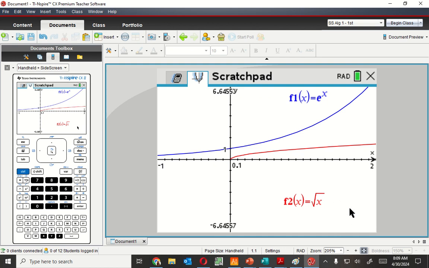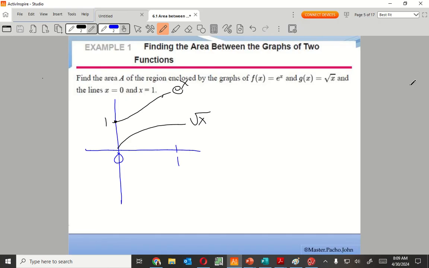Given that graph, I know that my e to the x is on top. I'm taking e to the x minus my lower function, which is x to the 1/2, dx, and my bounds for this one are between 0 and 1.